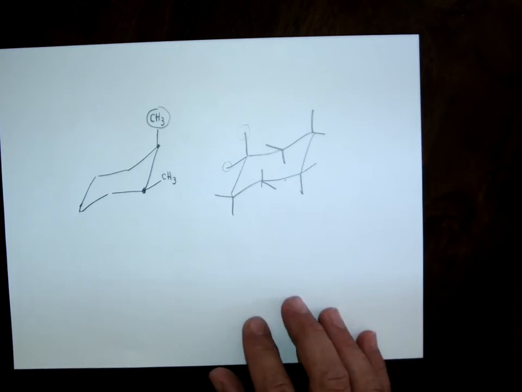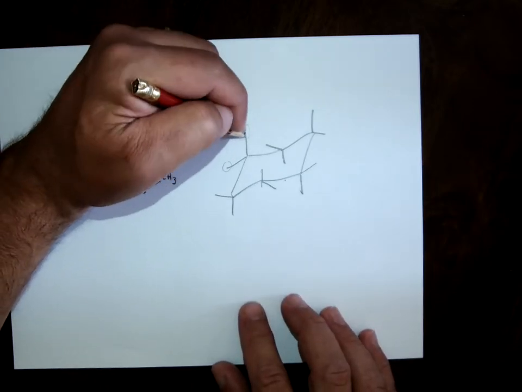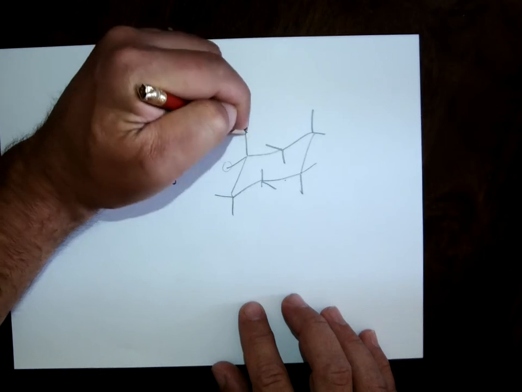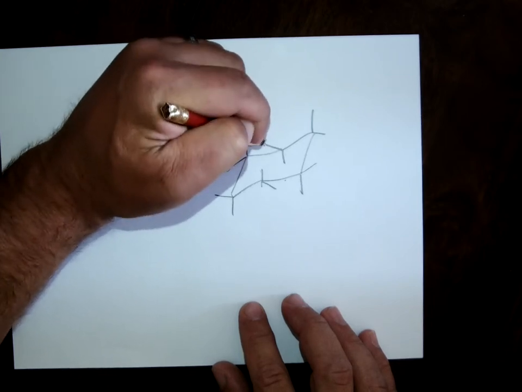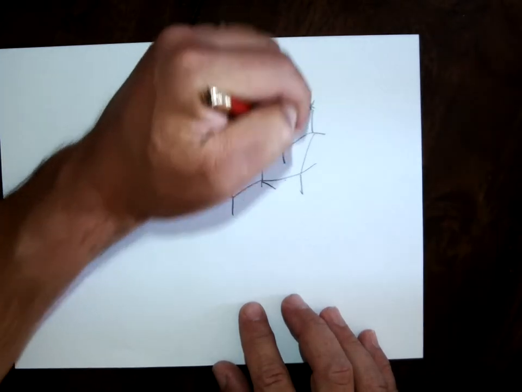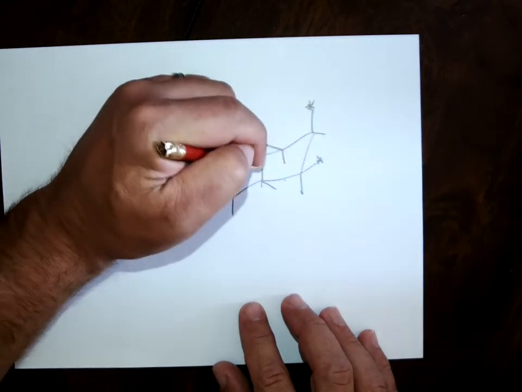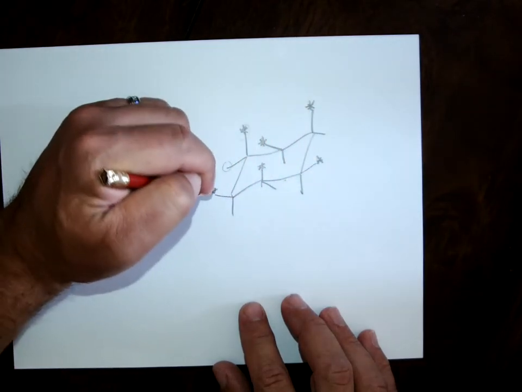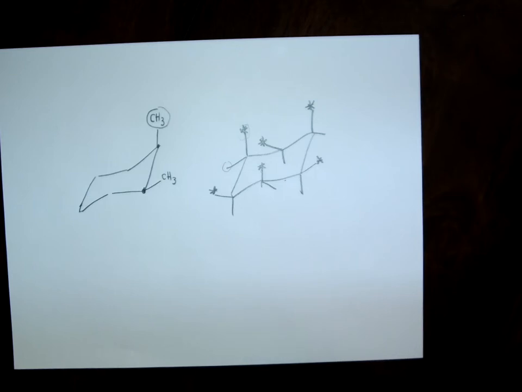So the ones that are above the ring, I'll put little asterisks for the ones that are above the ring, are going to alternate axial and equatorial. As you walk around the ring, your axial and equatorial positions above the ring are going to alternate. And that's something that building the molecule, drawing the structures several times and thinking through it helps with.